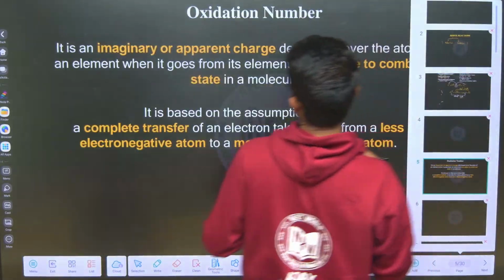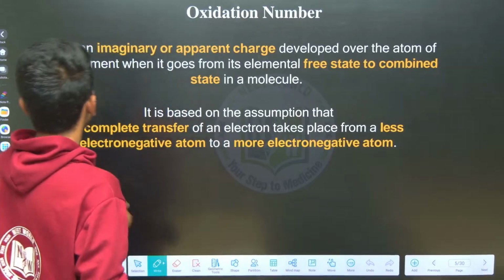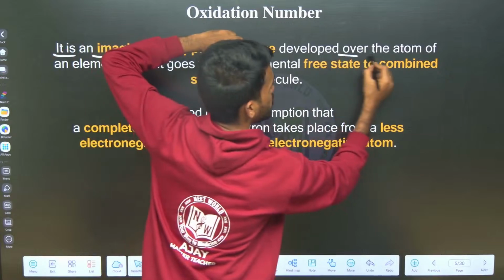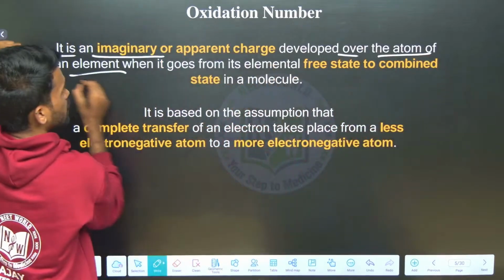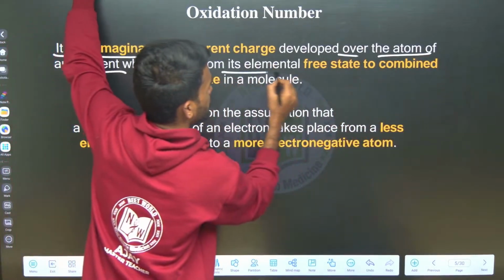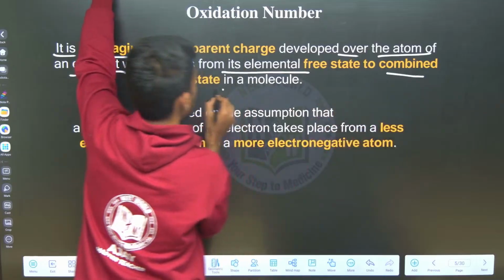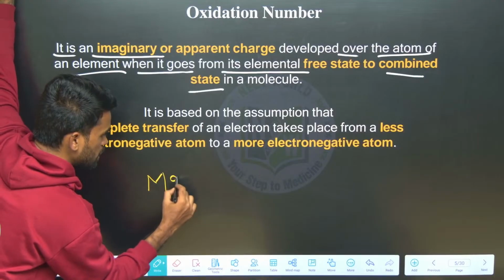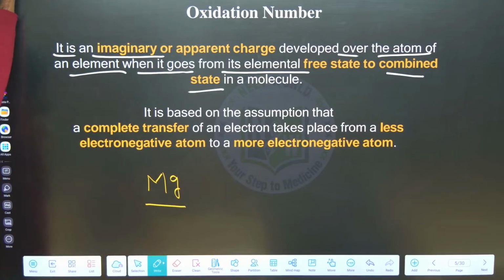So first of all, what is meant by oxidation number? It is an imaginary charge developed over the atom of an element when it goes from its elemental free state to combined state in a molecule. For example, here you have seen magnesium. Magnesium is in free state now.